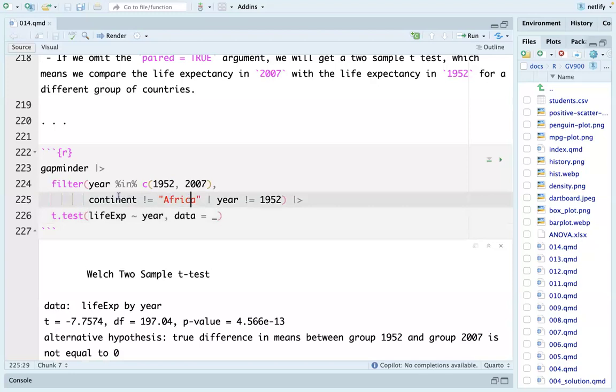So I delete the countries in Africa. So the two groups in 2007 and 1952 are different.